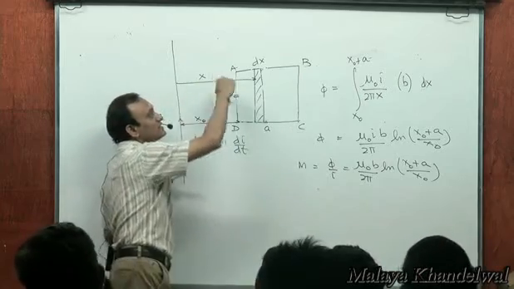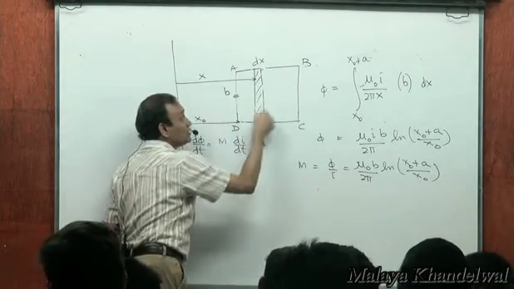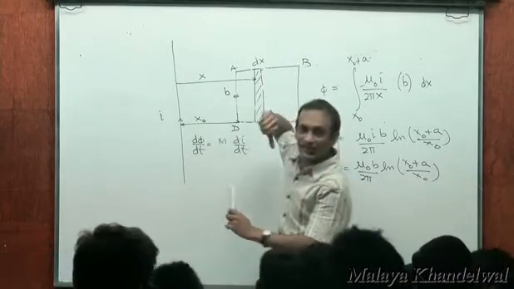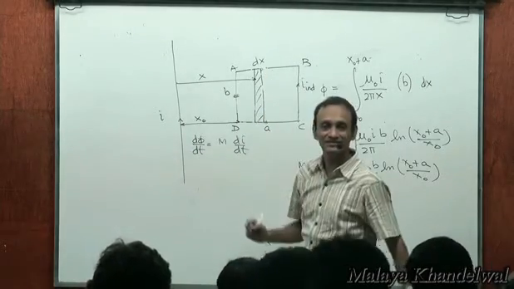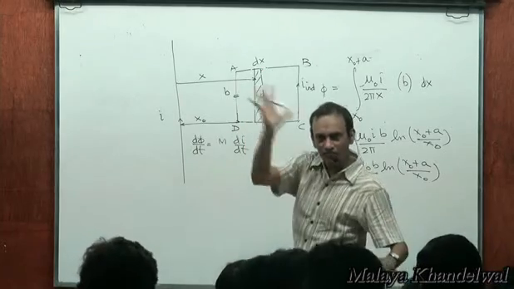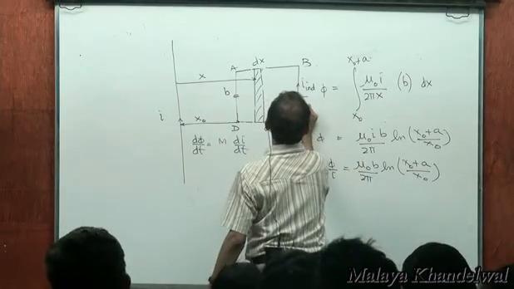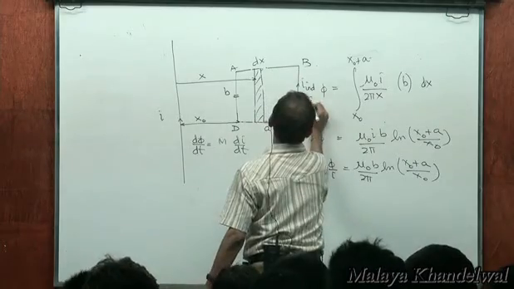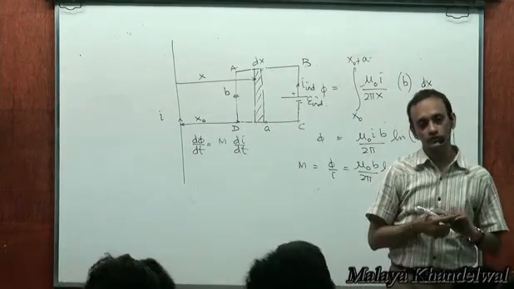Now if I is increasing, there will be more field lines going into the plane of the board. So the induced current must throw some field lines out. That can happen if the induced current is like this, so that some field lines are thrown out, and therefore the sense of the induced EMF must be this, minus plus epsilon induced is like this. What do you say to this?